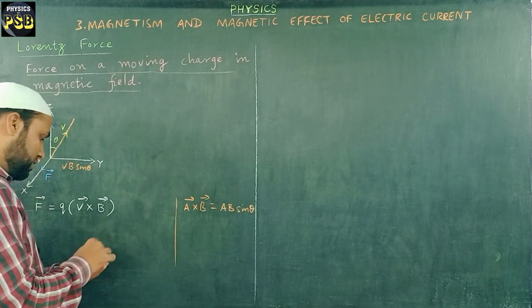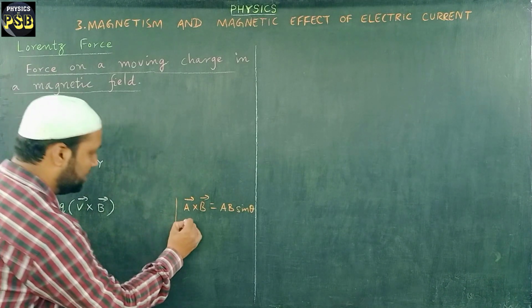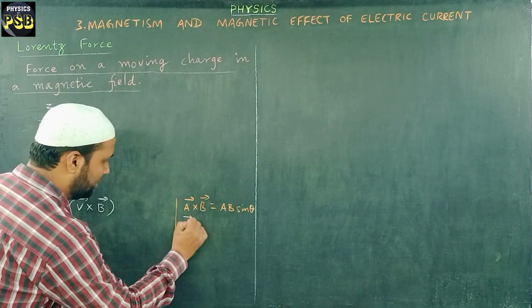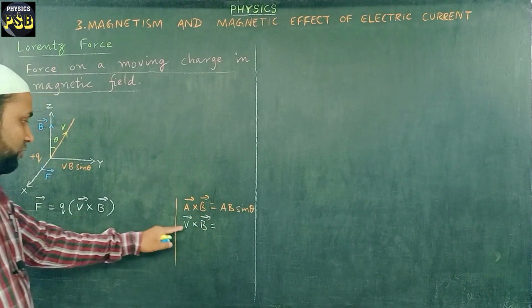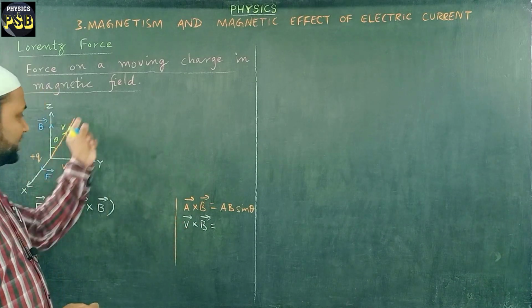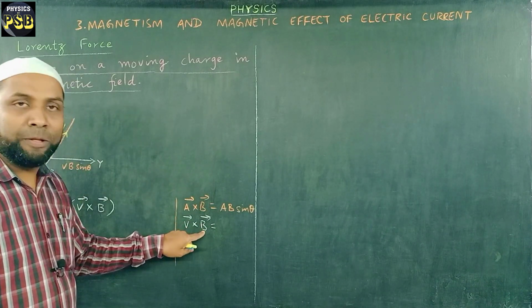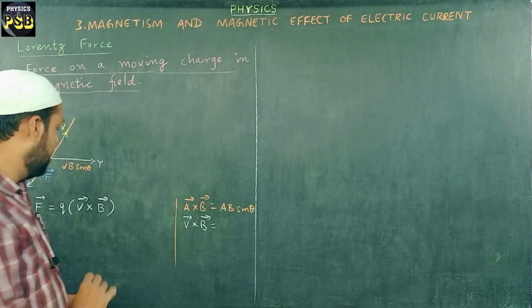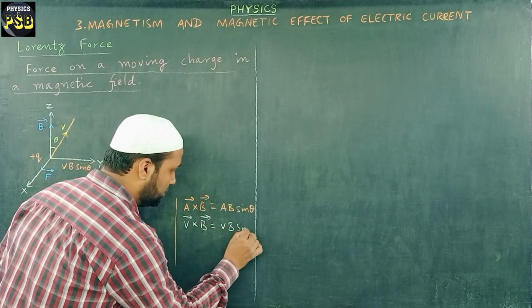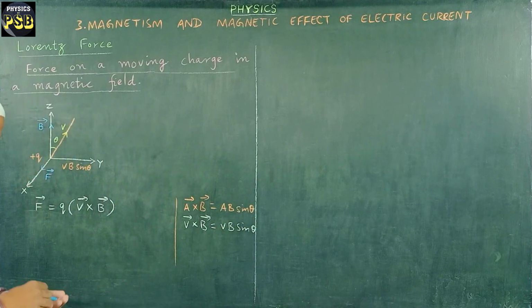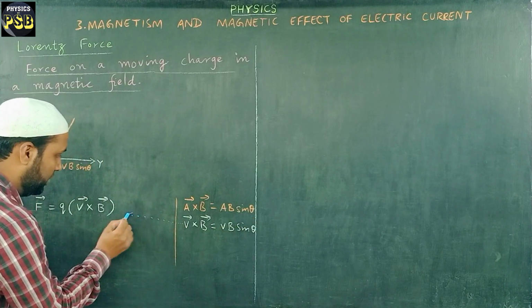Clear? If I use this relation here, so what do I get? Here I have v vector cross B vector. Here v is the velocity with which the charged particle is moving, and B is the magnetic field. Then this comes to VB sin theta. This I am going to use here.